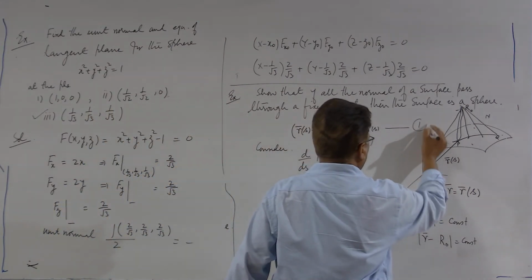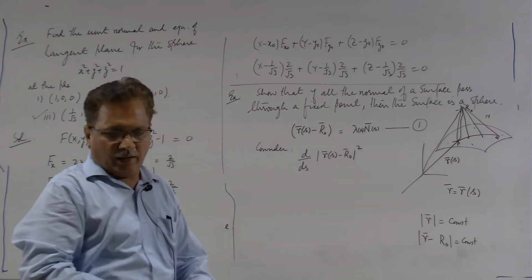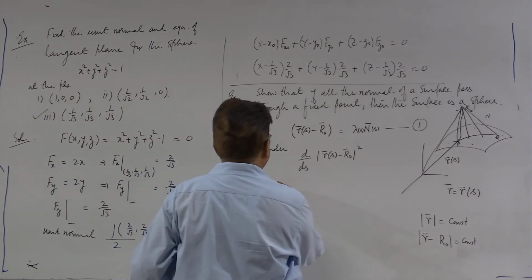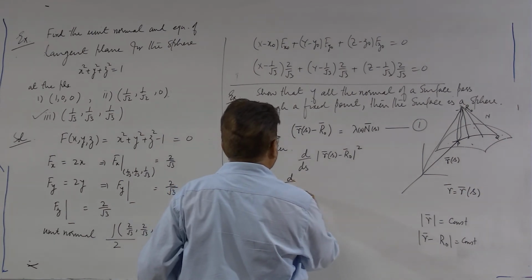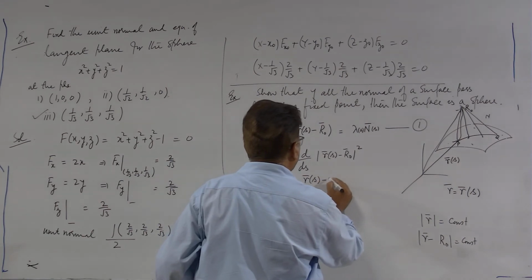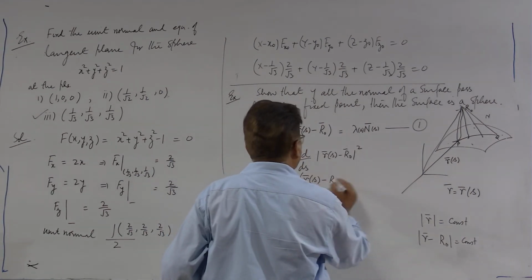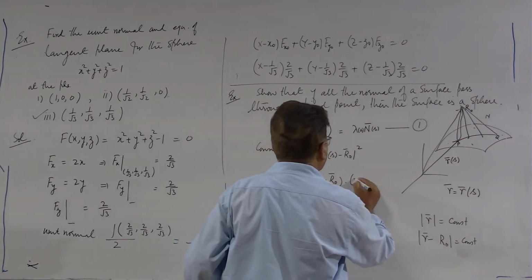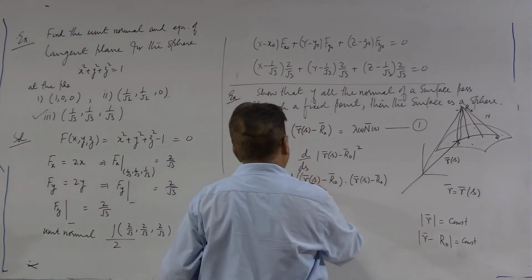This is number 1. I am considering the derivative of this. This I can write down as d by ds of Rs minus R0 dot Rs minus R0. Okay.